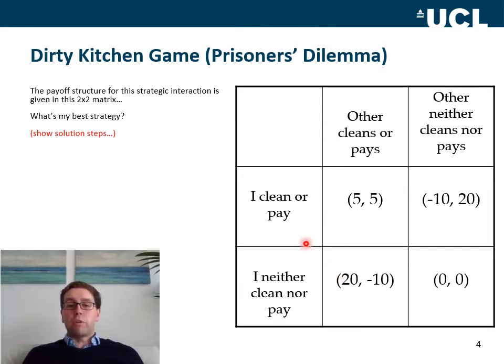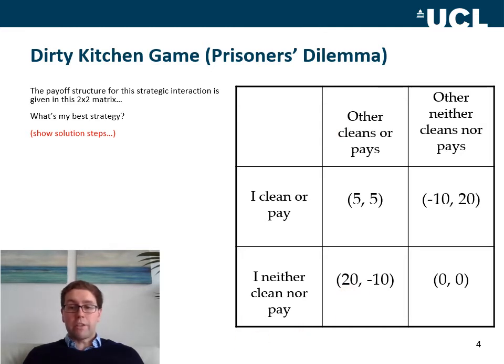My best response is chosen based on my outcome. If you clean, I get 5 if I clean, and I get 20 if I don't clean. So I'm obviously better off not cleaning. If I think you're going to clean, I'm better off not cleaning.